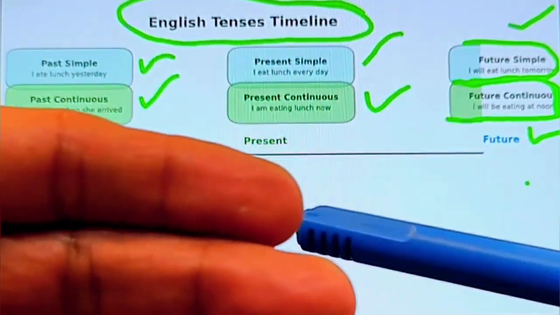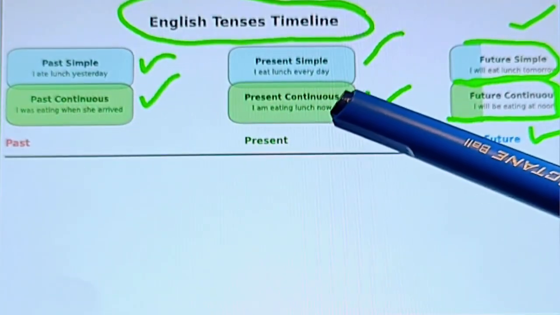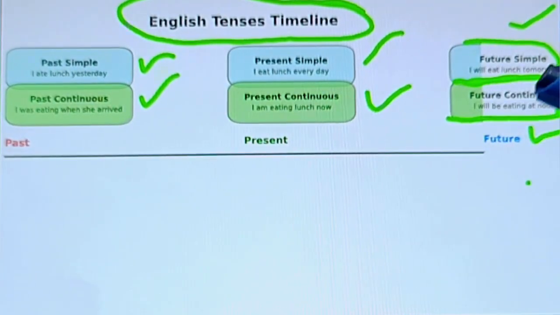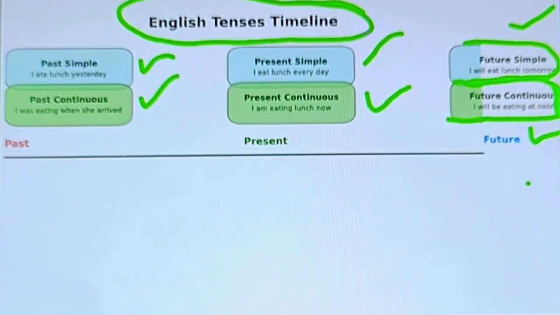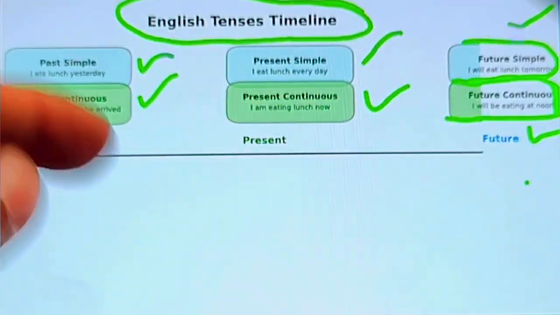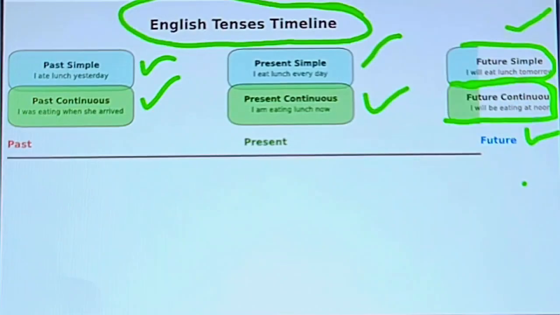He is having lunch at the moment, not finished. Therefore I am eating lunch now is the present continuous. And for future continuous, I will be eating at noon. Tomorrow noon, he will be eating lunch. That's for the future. This comparison makes it very easy to understand all these tenses.